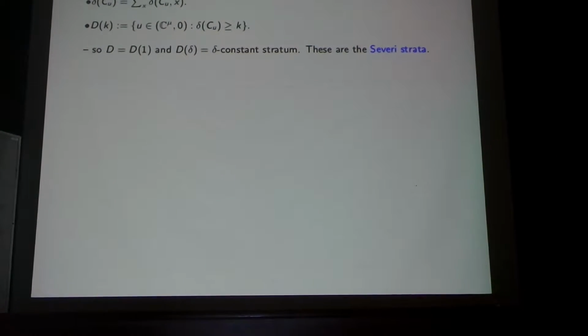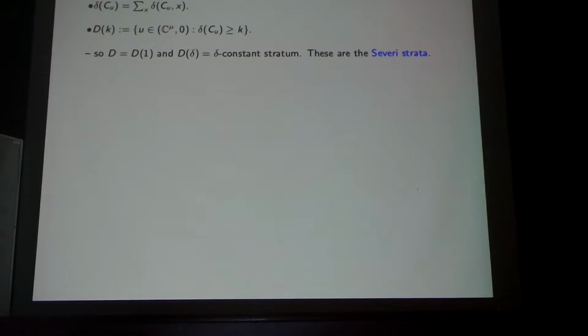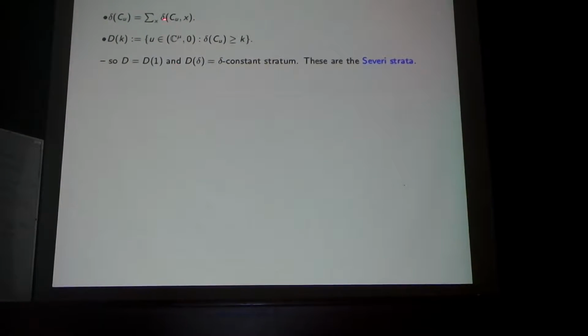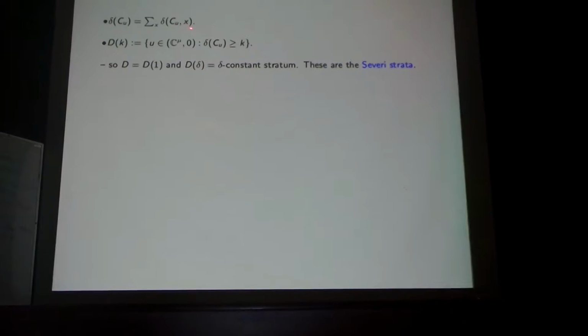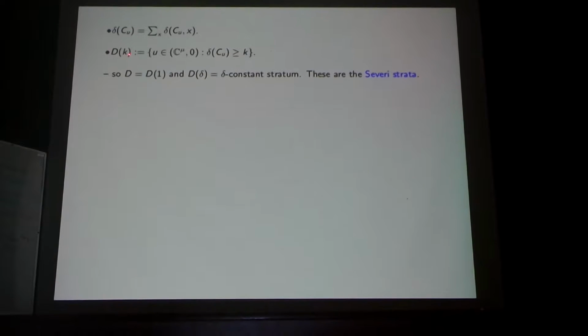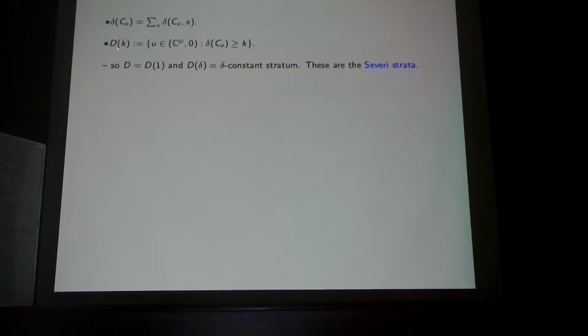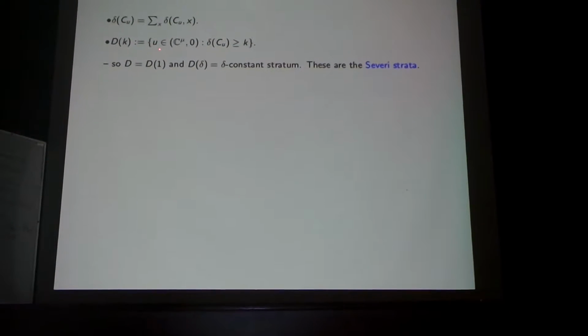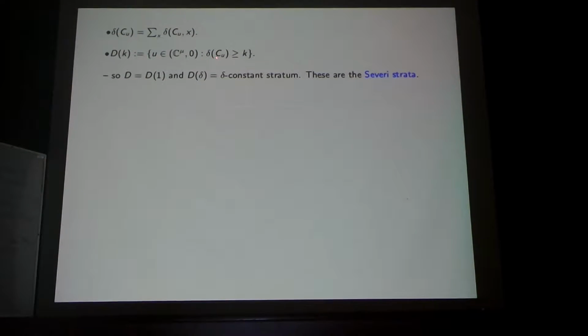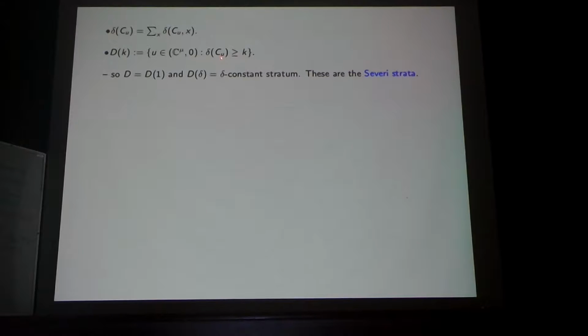So let me continue with a long list of definitions. For each of the plane curves of the fibers, we add together the delta invariants of their singular points and call that delta of the curve. And then we define D_k, which is a stratum in the base of the deformation. That's the set of points, the parameter values where the total delta invariant of the fiber is at least k.